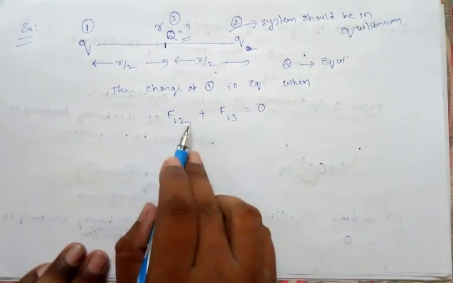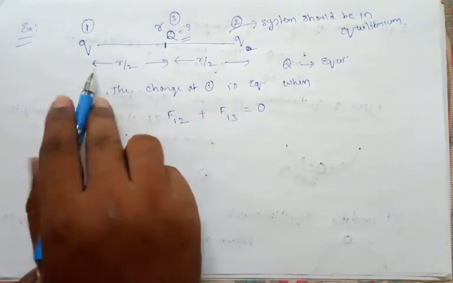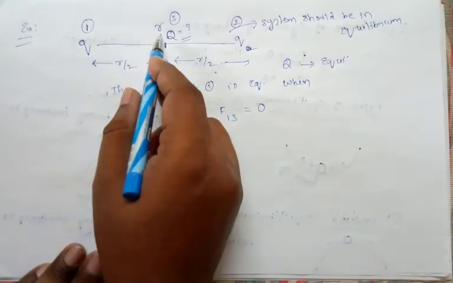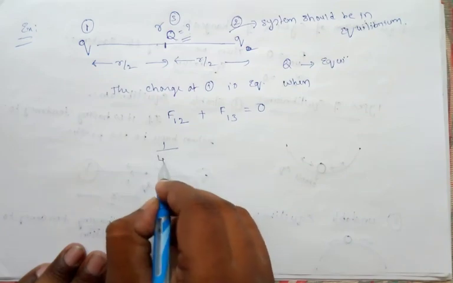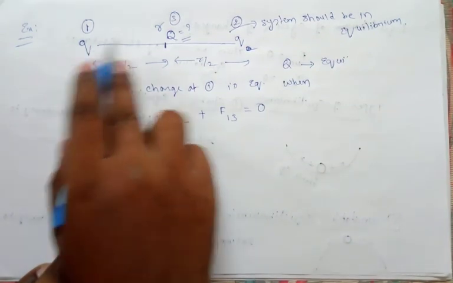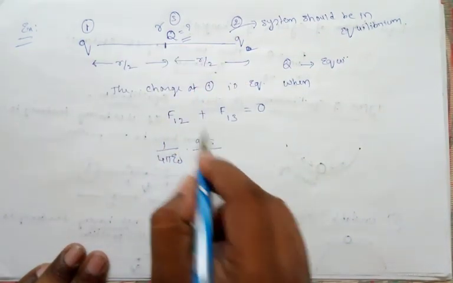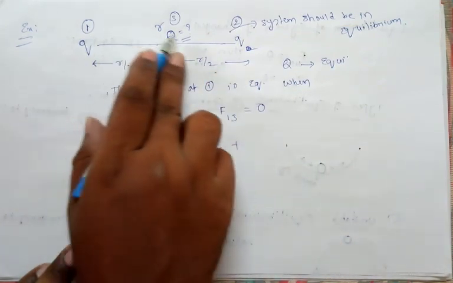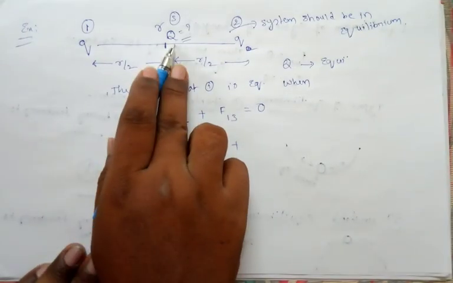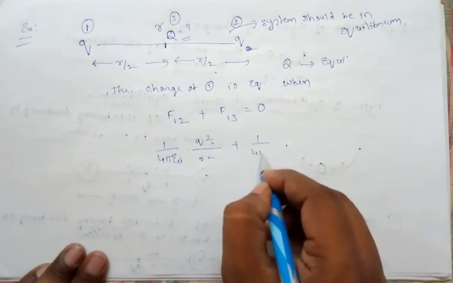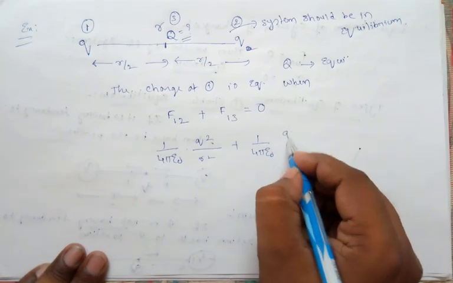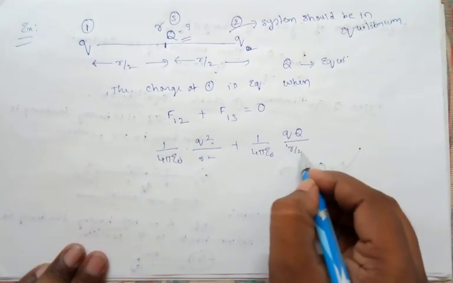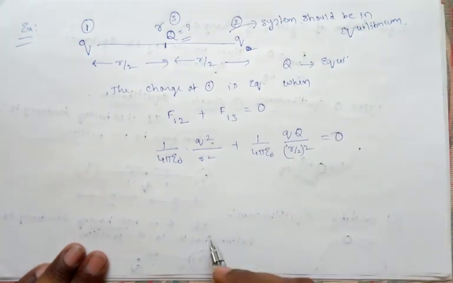So we are taking F12, what is the force here? F12 means q and q only, and the separation is r. So 1 upon 4 pi epsilon naught into q square by r square, plus F13. F13 means one is small q, another one is capital Q, so 1 upon 4 pi epsilon naught into capital Q into small q by the separation r by 2 whole square, is equal to 0.